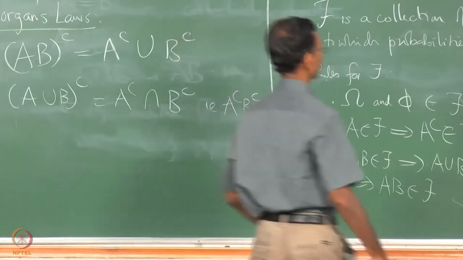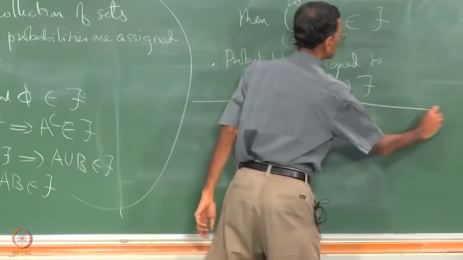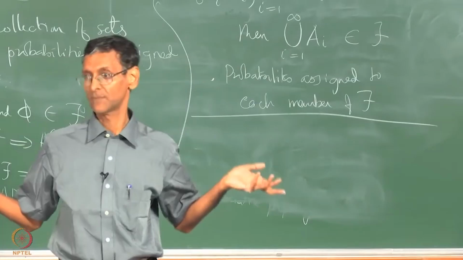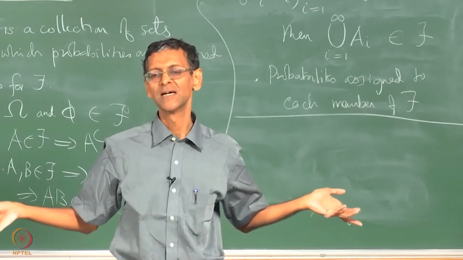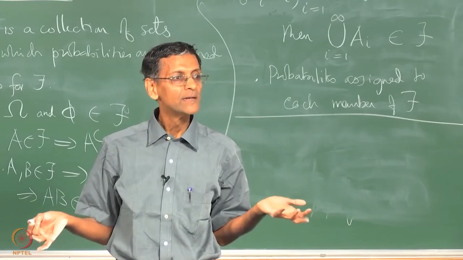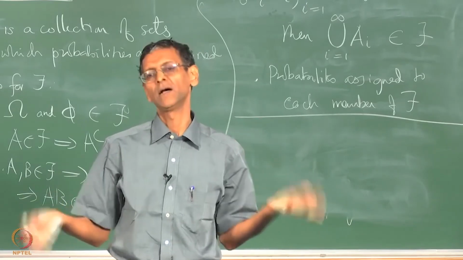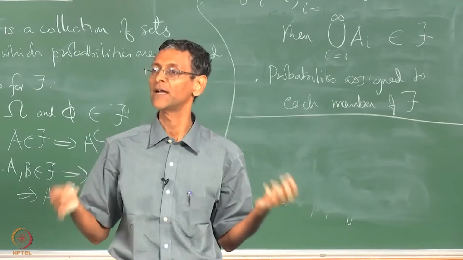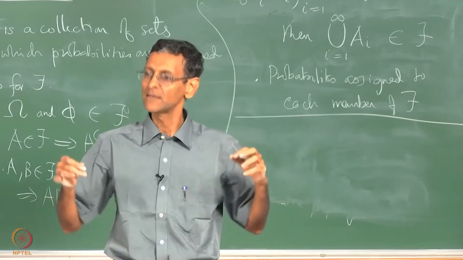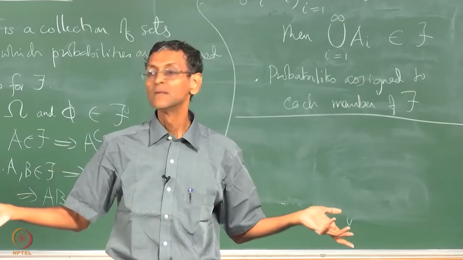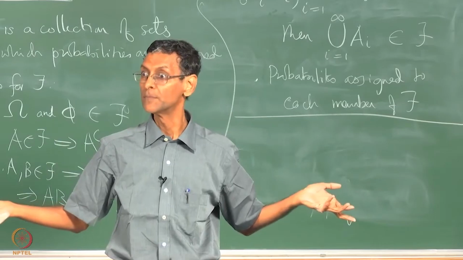To make our life easier, we are not going to discriminate, which is what is done in all examples of probability theory, implicitly. They say, without exactly saying so, that any set can be assigned a probability.